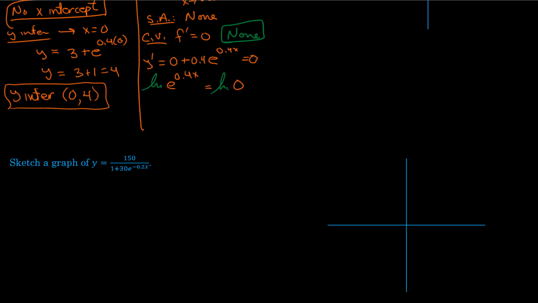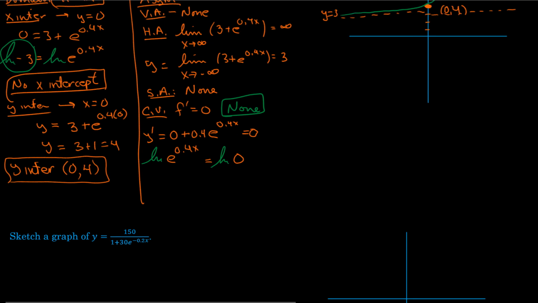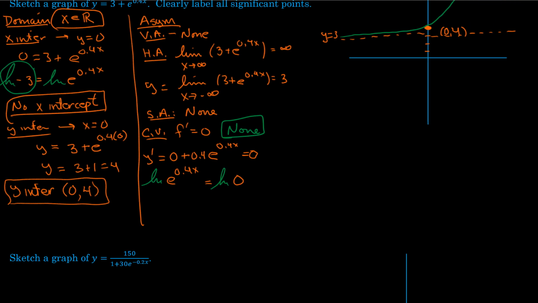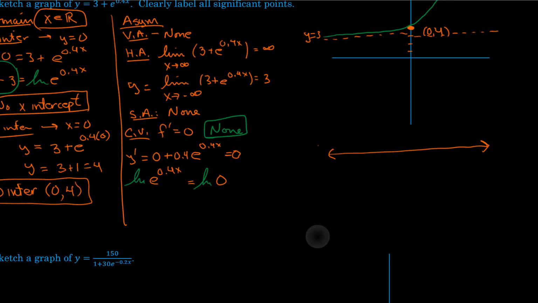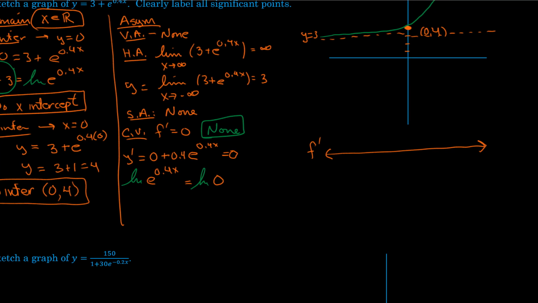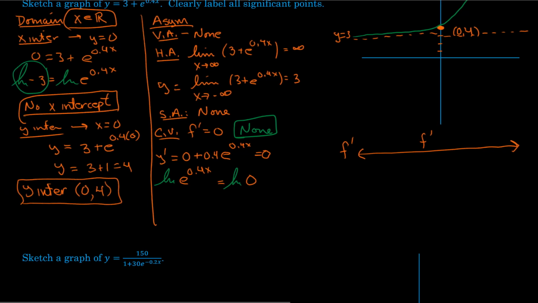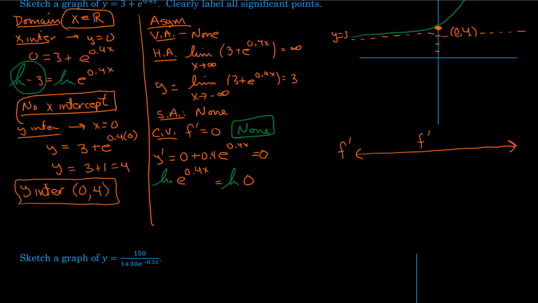That means that the slope never changes. In fact, on our graph, if we do this number line thing like what we're used to doing, and we evaluate the derivative of this, we can evaluate the derivative at any value we want to because they're all going to be on the same interval. Notice there are no breaks in the intervals because there are no places where the first derivative is 0.